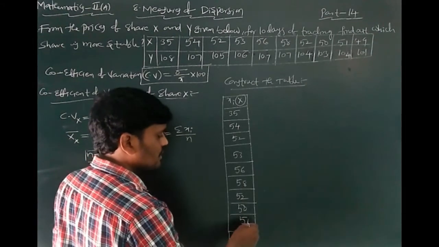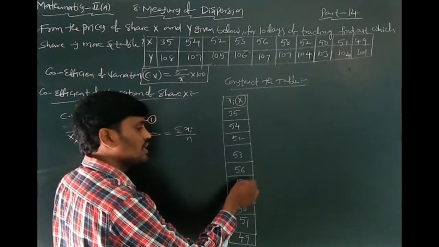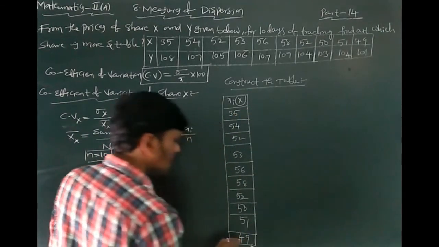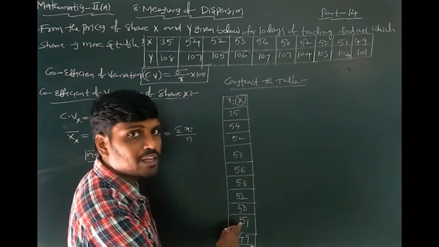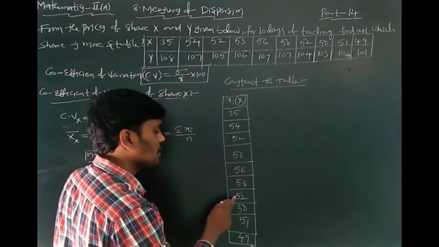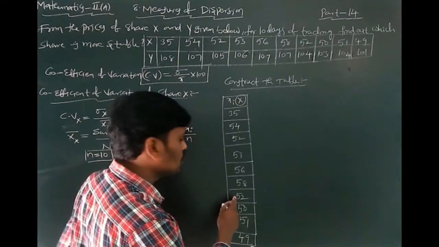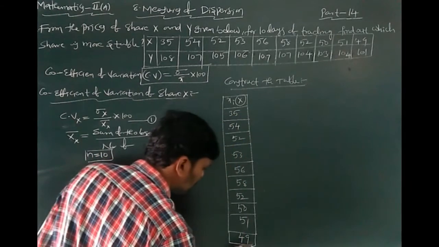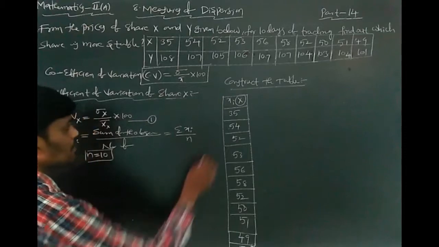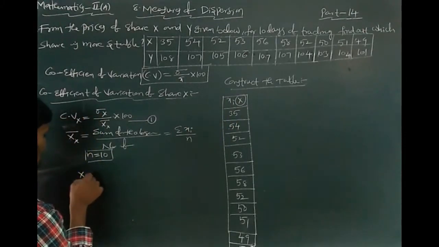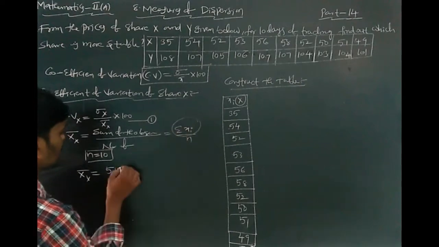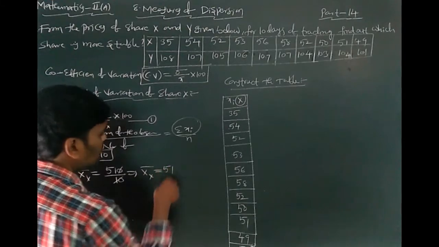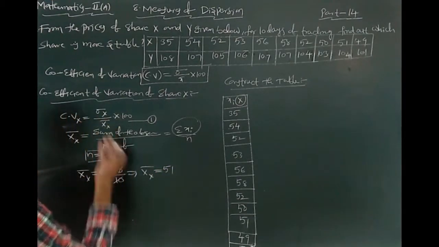Adding these up, the total is 510. Summation of xi is 510, so 510 by 10. The 10 gets cancelled and you get X bar value 51. This is the X share.